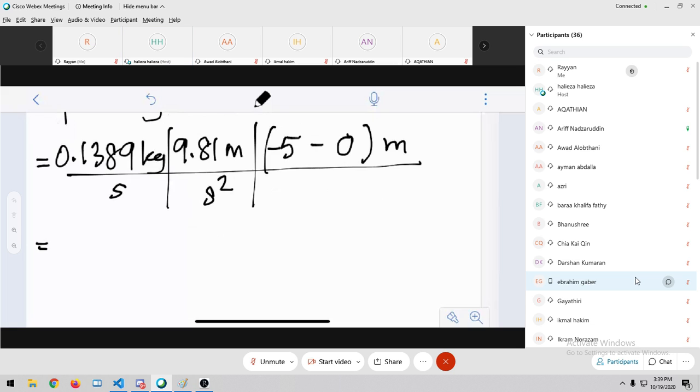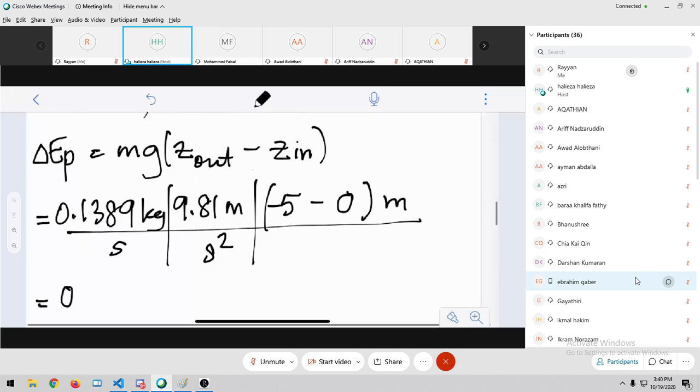Doctor, it's 0.139 kilogram per second, not 0.1389. Sorry? It's 0.139. The mass flow rate, sorry. 0.139.